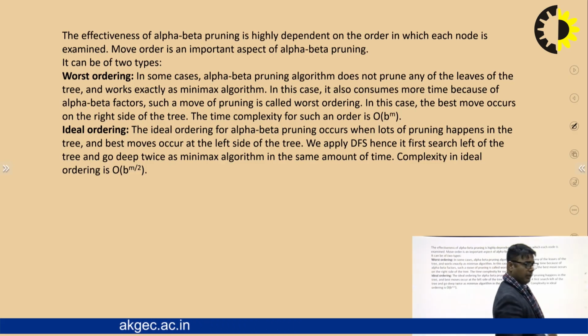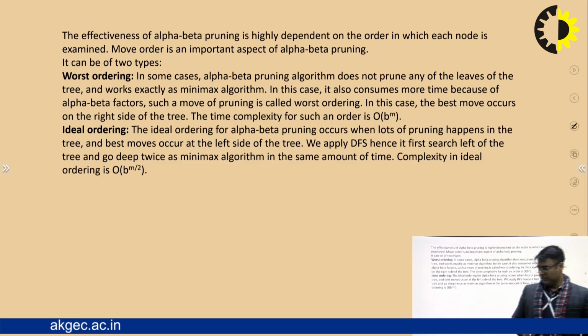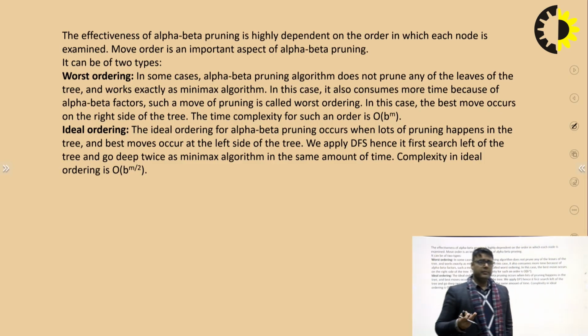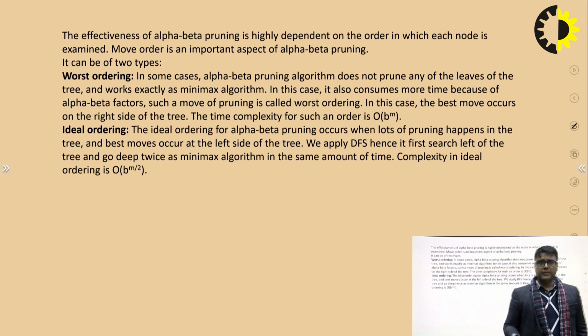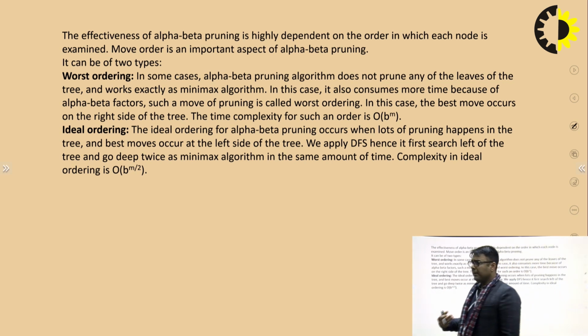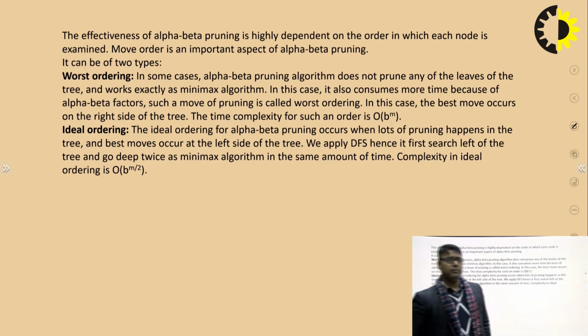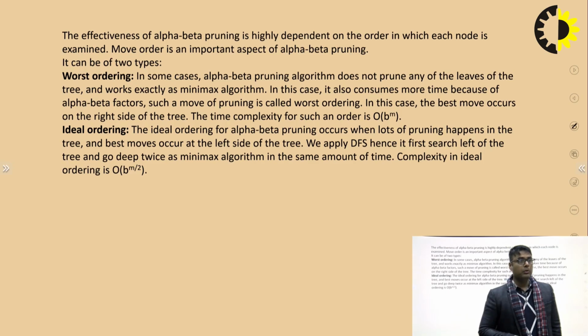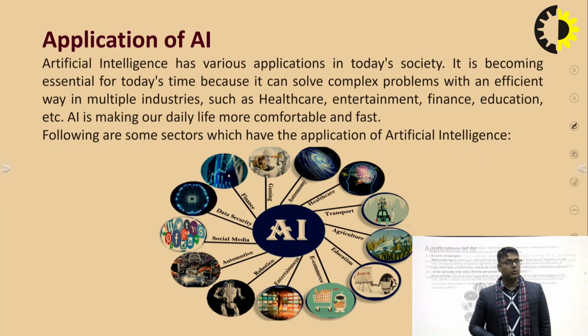Ideal ordering is O(b to the power m/2). So in ideal cases, the searching time is automatically half of the initial time.